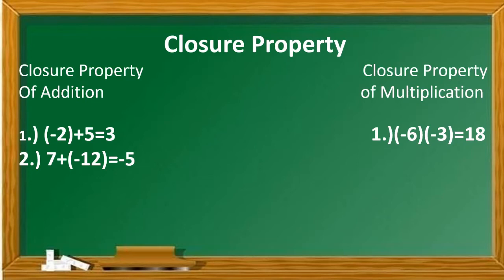Negative 6 and negative 3 are integers, so positive 18 is also an integer. Second example, negative 5 multiplied by positive 4 equals negative 20. Factors negative 5 and positive 4 are integers, so the product negative 20 is also an integer.